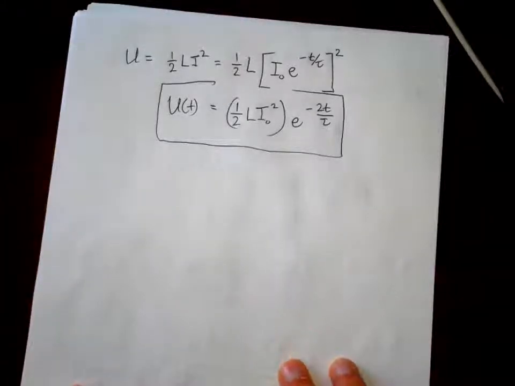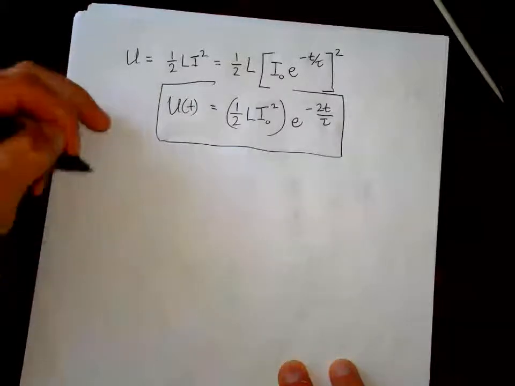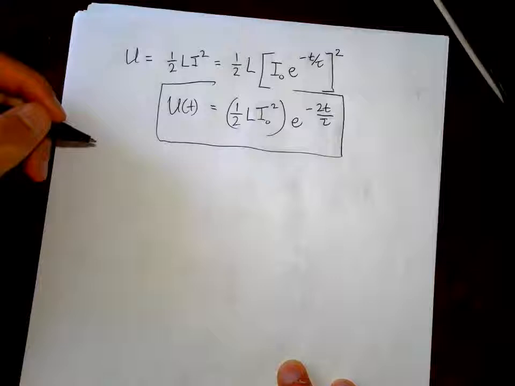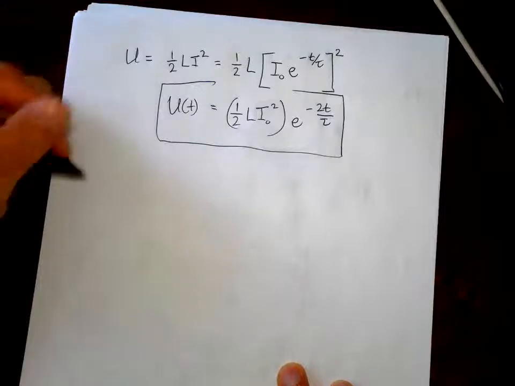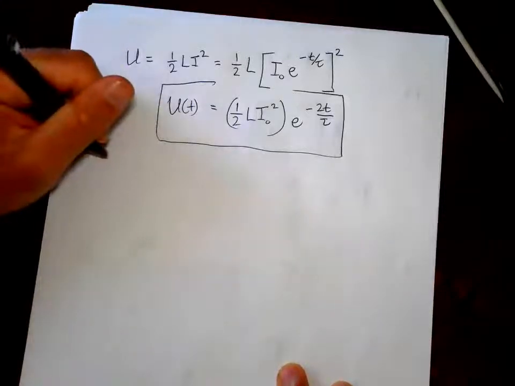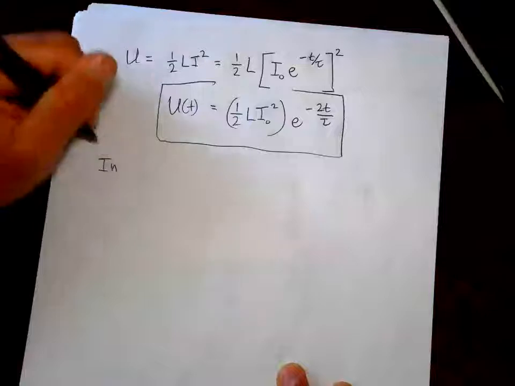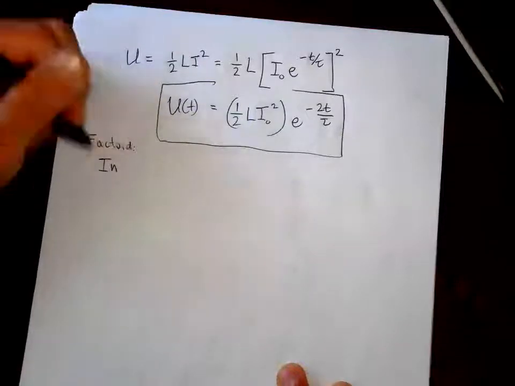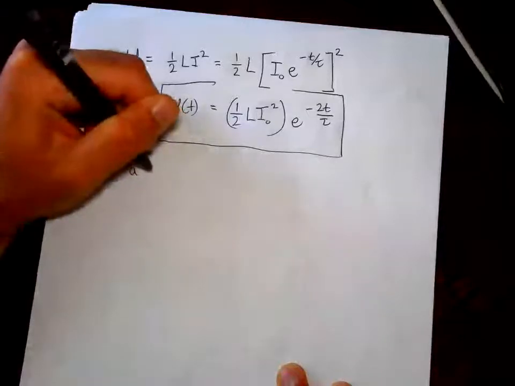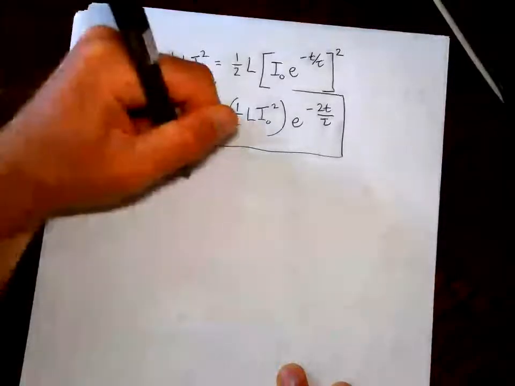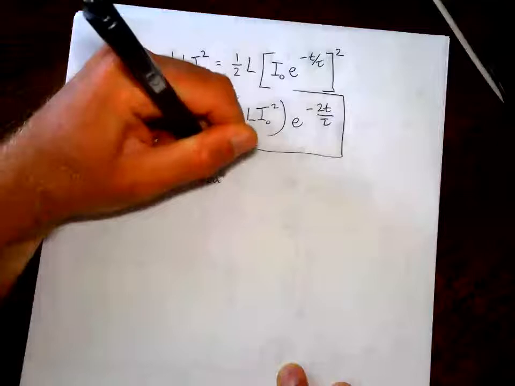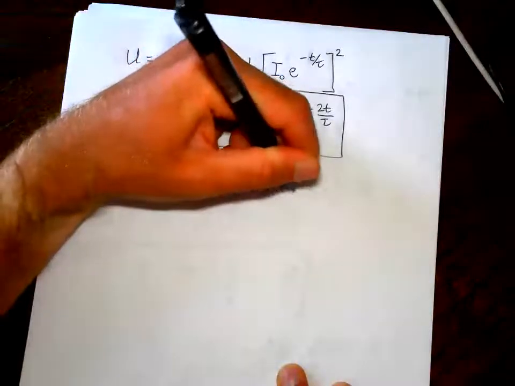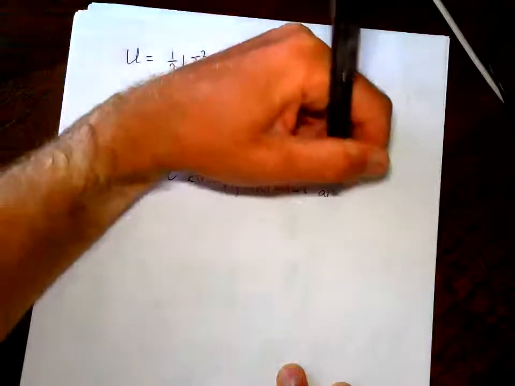So that's more or less the lesson today. I do want to say one additional factoid about inductors. In a DC circuit, inductors are just wires.